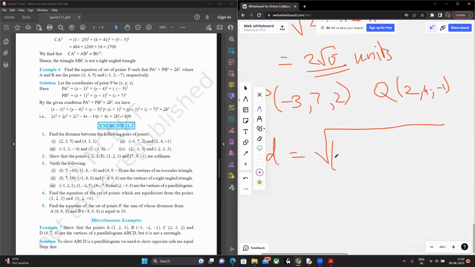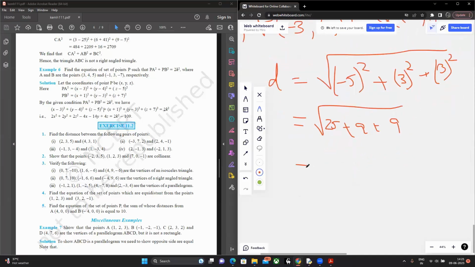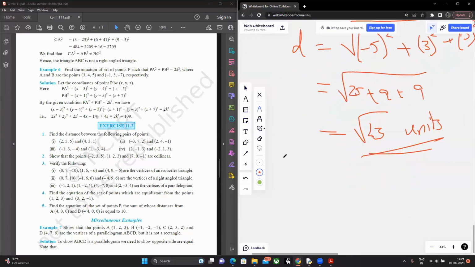That is minus 3 minus 2, that is minus 5 the whole square, plus 7 minus 4, that is 3 the whole square, plus 2 minus minus 1, that is 2 plus 1, that is 3 again the whole square. Which is basically square root of 25 plus 9 plus 9, which is square root 43 units. Units is an implied unit, so I'm not writing it up, I'm just introducing it over here.